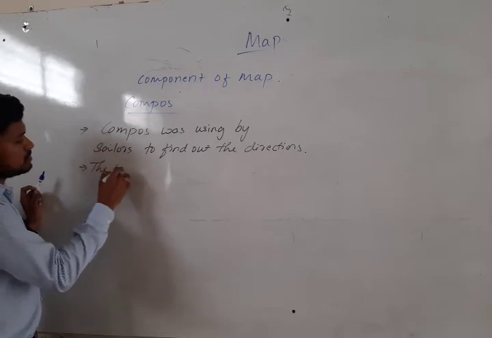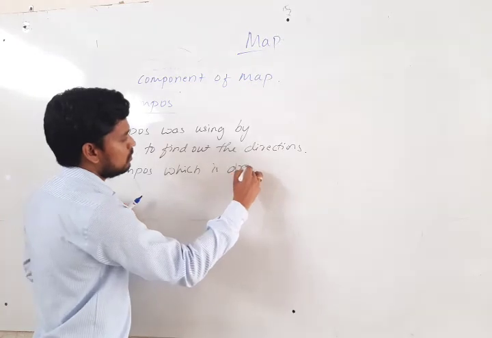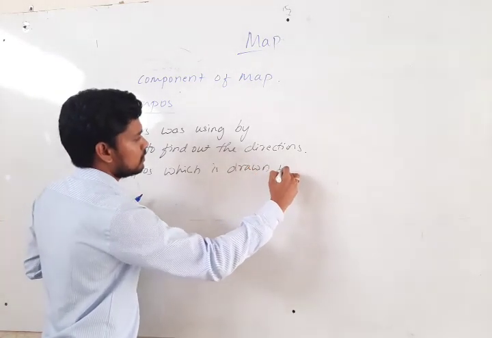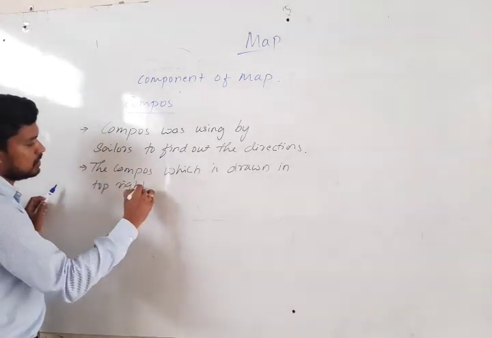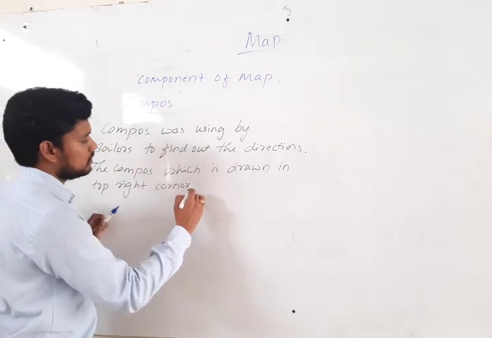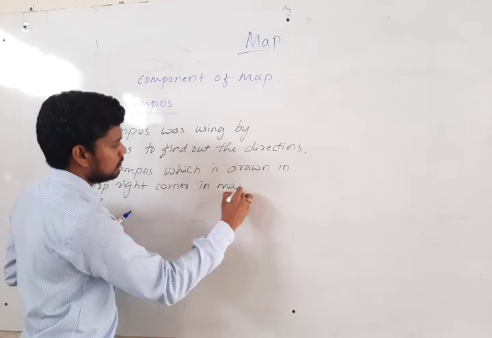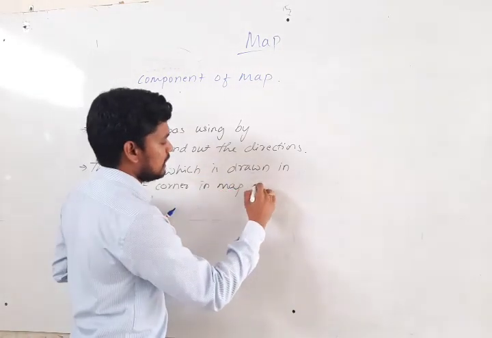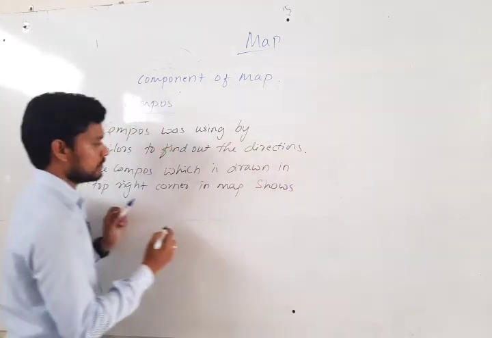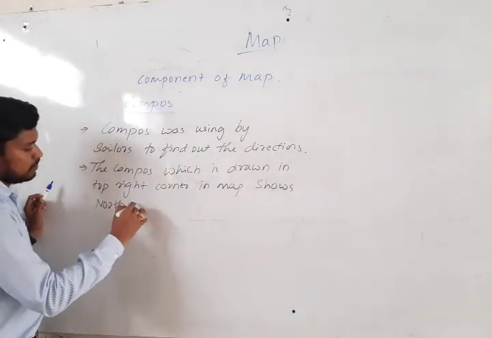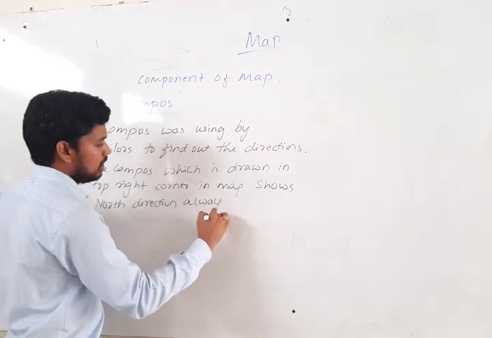So the compass, which is drawn in the top right corner of the map, helps the map show the north direction always.